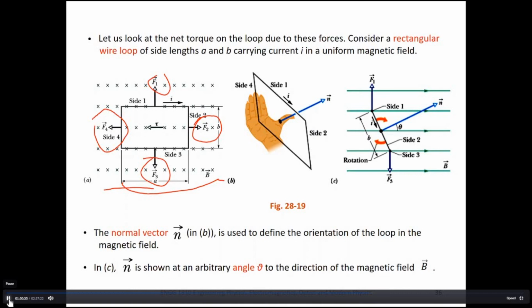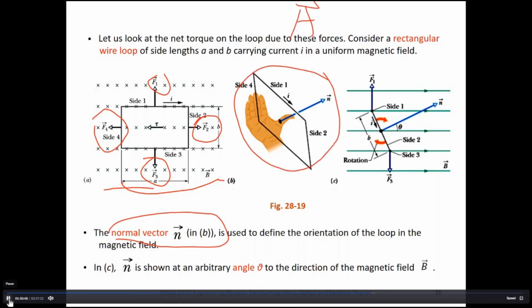Let's see which forces can make the torque. We define the normal vector n, as shown here. We already said it is the area vector over the total area, so this is a unit normal vector.